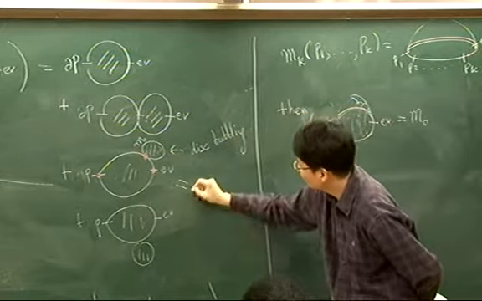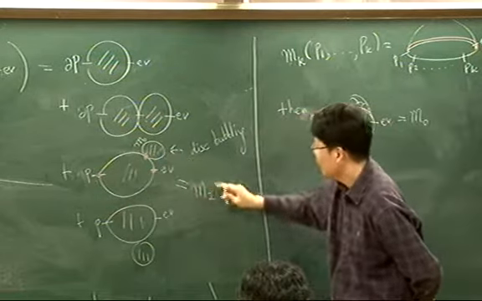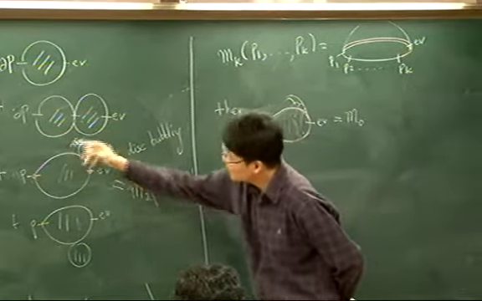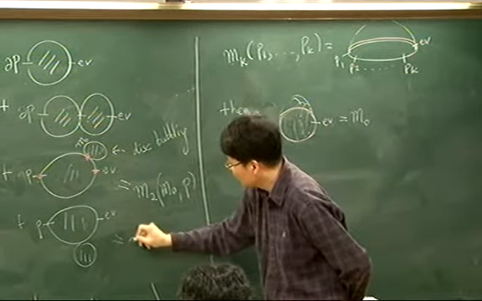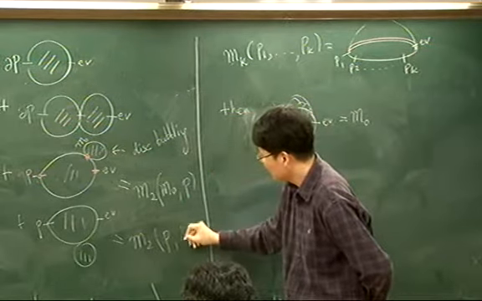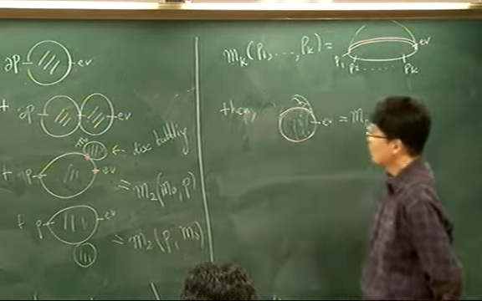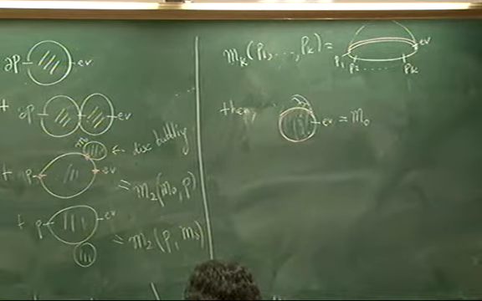So that would be m2 of p and m0 and p. So cyclic order is important, m0 and p. So this is m2 of p and m0. So the formula we have, this is part of m1.